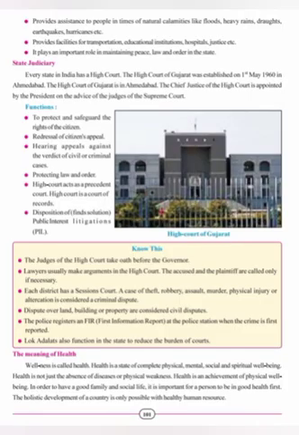Next, provides assistance to the people in times of natural calamities like floods, heavy rains, droughts, earthquakes, hurricanes, etc. Students, state government provides immediate, quick assistance to the people who have faced natural disasters like floods or heavy rains, droughts, earthquakes, hurricanes, etc.